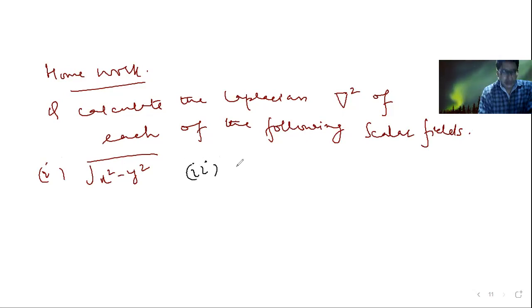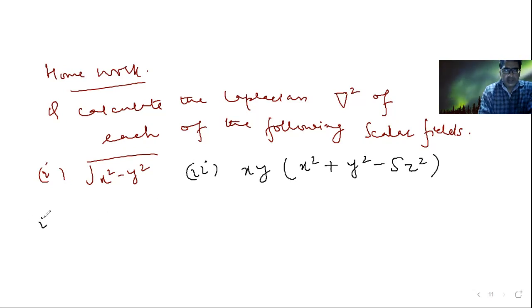Second is xy times x square plus y square minus 5z square. Third one is x square plus y square plus z square to the power minus half.